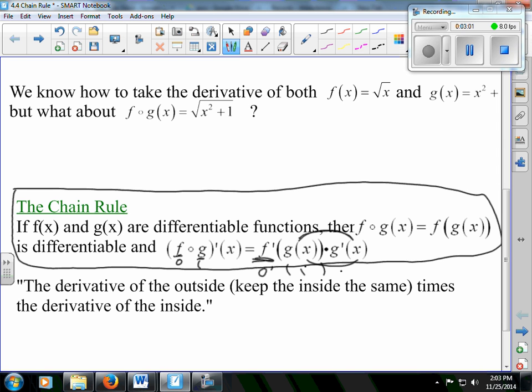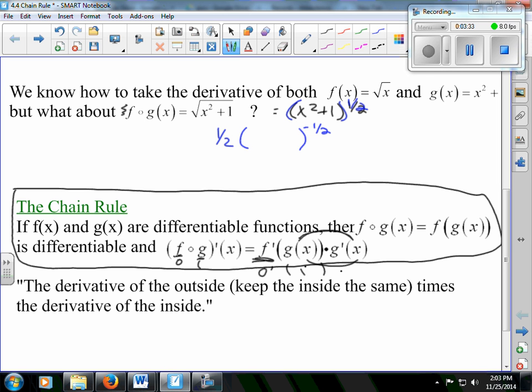Okay, so let's go up to this example right here. Square root of x squared plus 1. We're going to rewrite this as x squared plus 1 to the 1/2 power, because I know how to do the derivative of 1/2 powers. The outside function here is the 1/2 power. And so when I do the derivative, I do the derivative of the outside part first, which would mean I do a 1/2 to the negative 1/2.